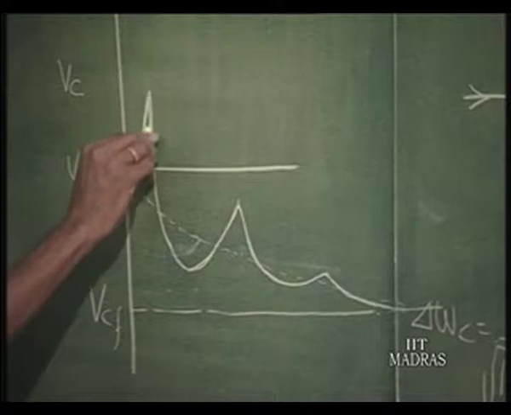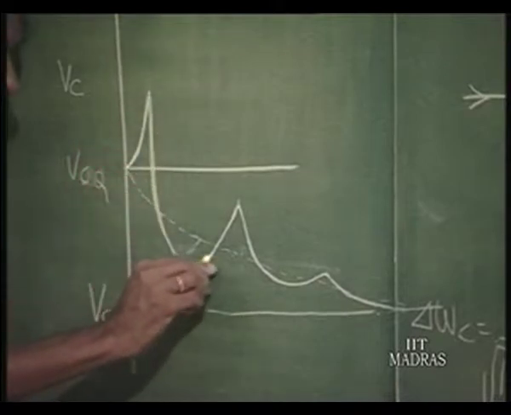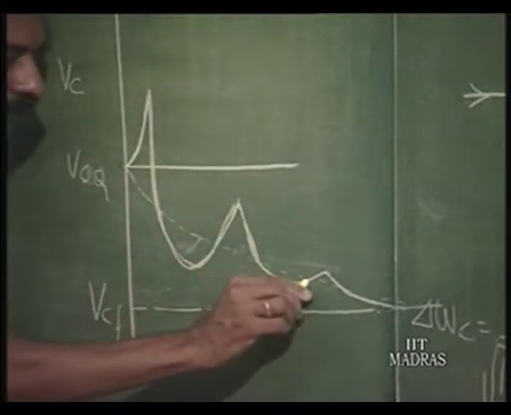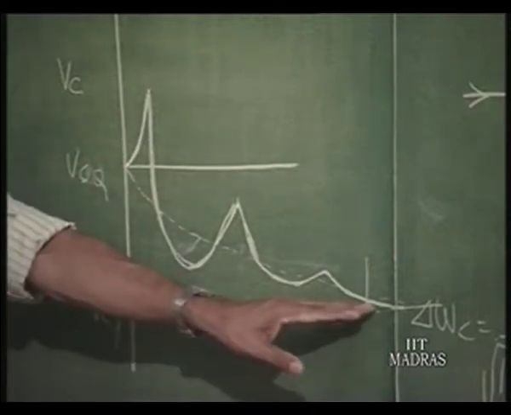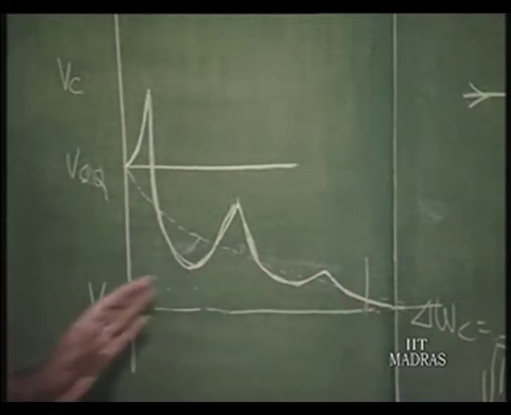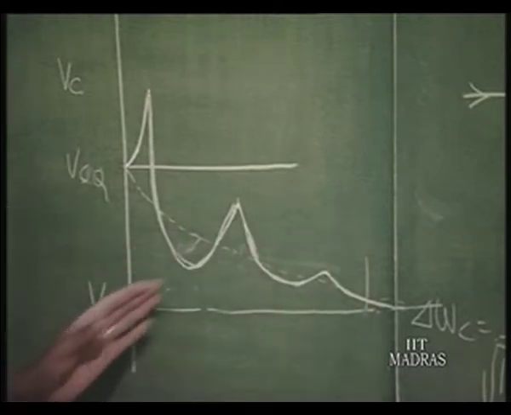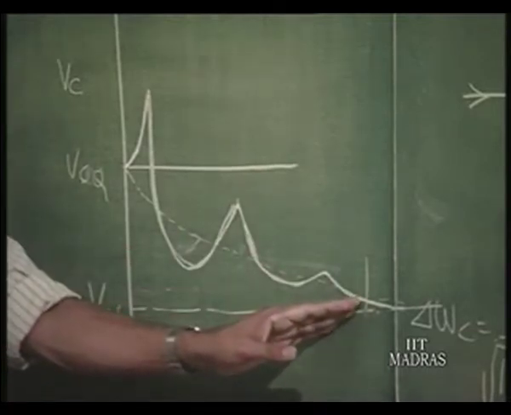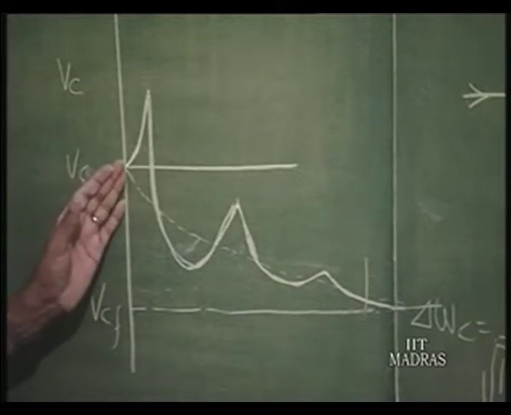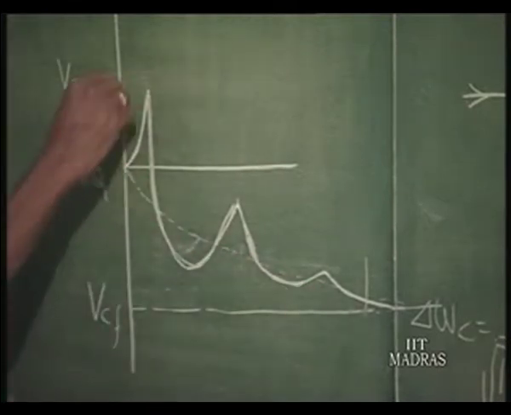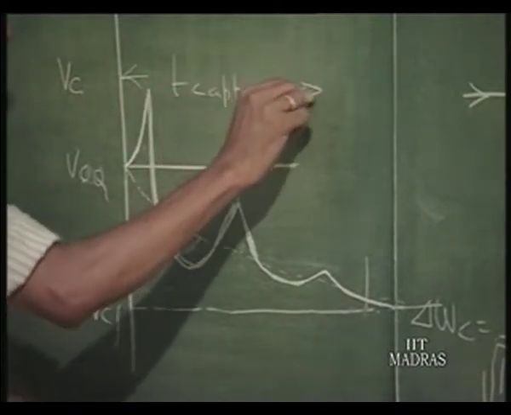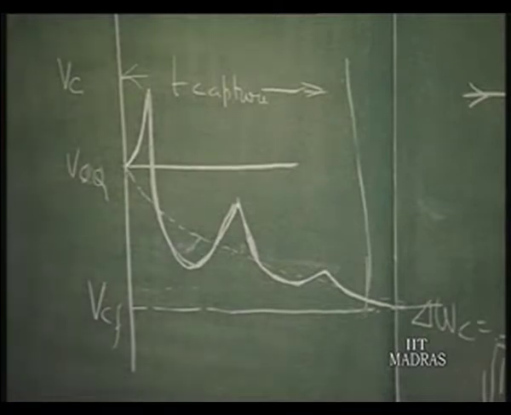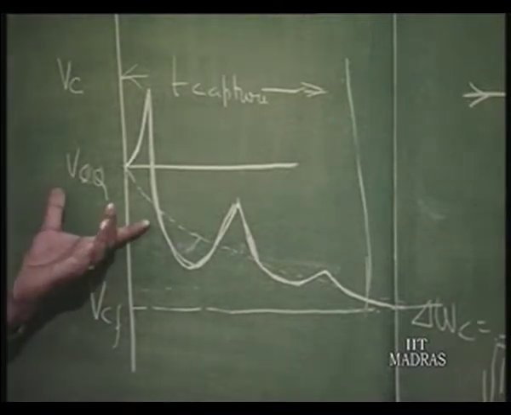So, this type of waveform is important to understand, and capture time is, let us say, the time to reach 90% of the final value from the 10% of the initial value. That is the time for capture. So, this is the capture time.